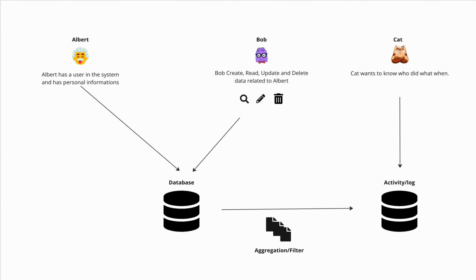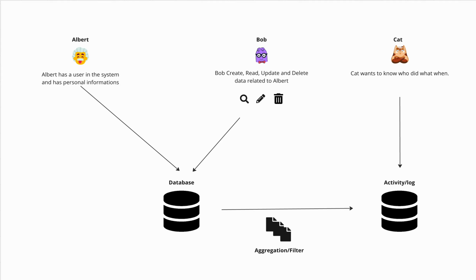Any time Bob does something related to Albert, it should be logged. The problem is that you can't just copy one table from the database to the activity log and say Albert updated that. Because what Albert does is, in many cases, act on an aggregation of tables, and there might also be information in the tables that is irrelevant and will just be noise to Cat, like a message queue task ID and stuff like that.